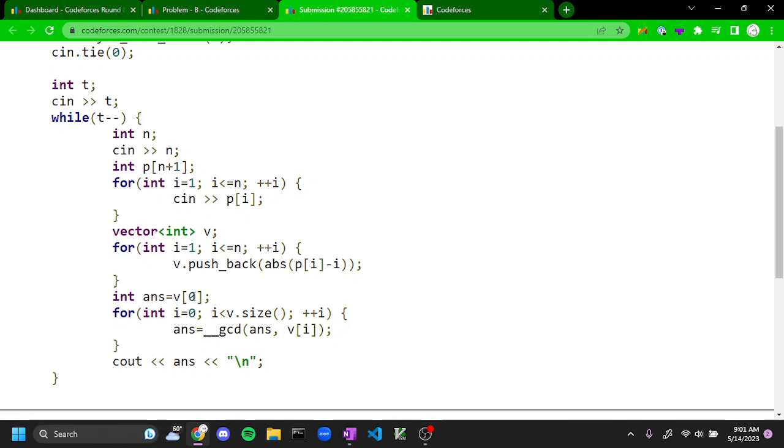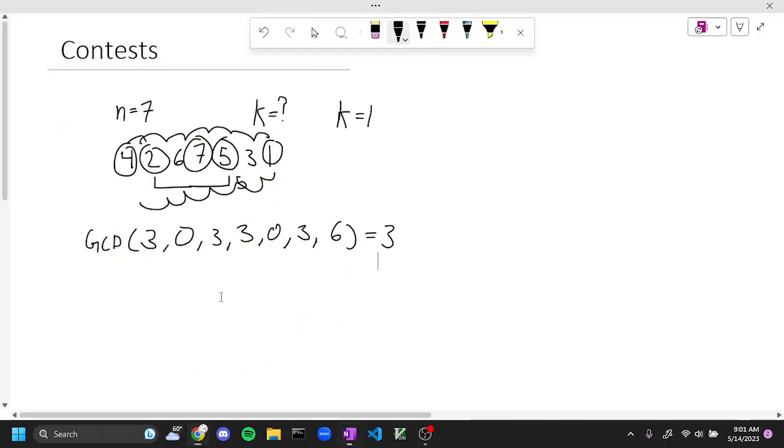To do that, I initially set it to the first element of the vector, which in this case is the distance from 4 to its index, which is going to be 3. So I start off with answer equal to 3, because it's the distance from 4 all the way till the index 4. So index 1 all the way till the index 4.